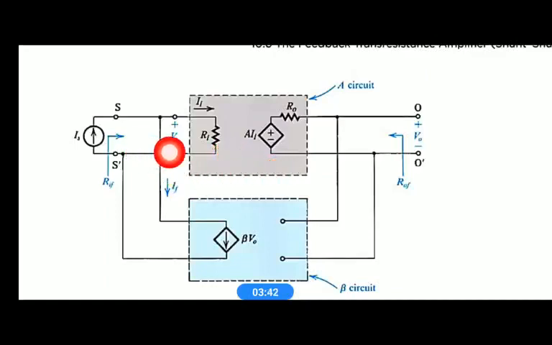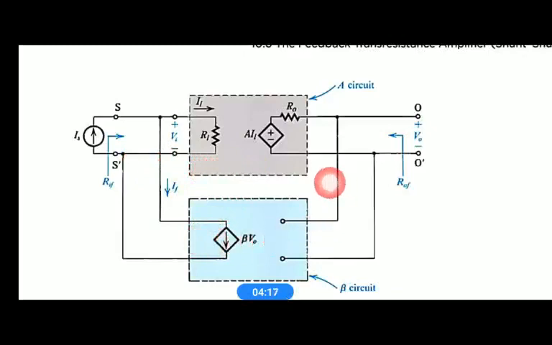Whereas the closed loop gain AF is equal to the output voltage V0 divided by the current IS, because the input applied to the whole amplifier with feedback is IS in the form of current source IS. So V0 by IS is the gain with feedback AF.